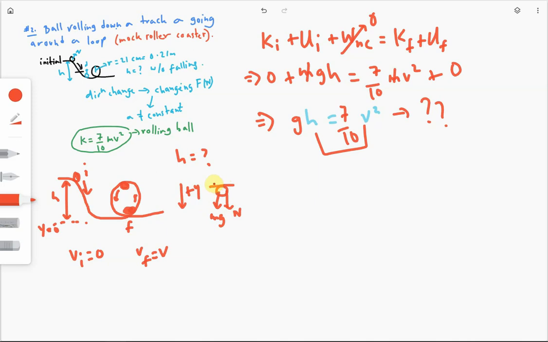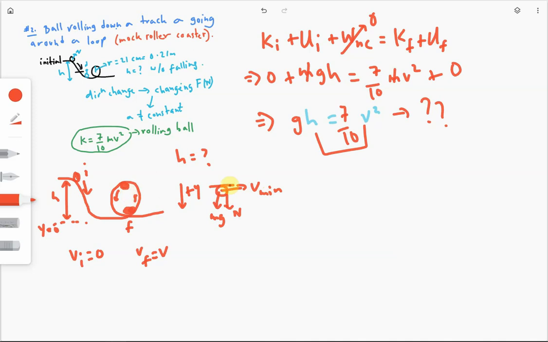Then for the ball to make it around the loop, there has to be a minimum speed at the top, because if the ball goes any slower than this minimum speed, it will completely lose contact.